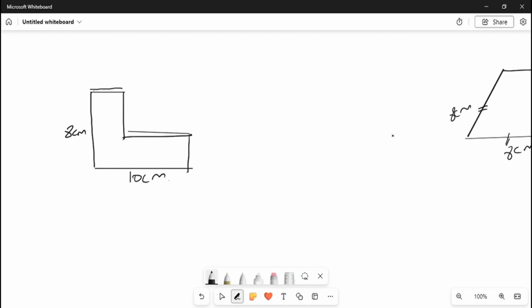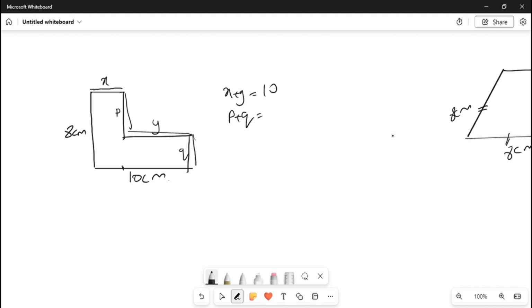Two pieces are there in the horizontal. If this piece is x and this is y, x plus y is 10. Similarly, say this is P, this is Q, P plus Q is 8 centimeter.